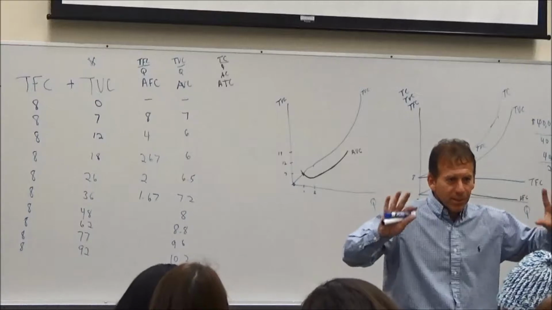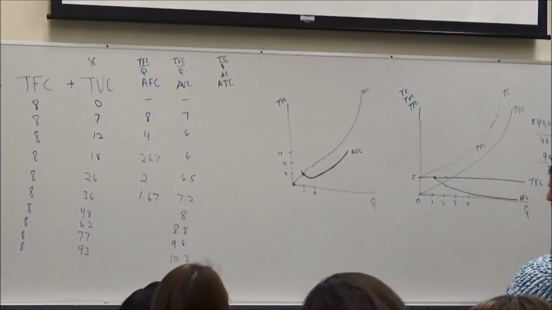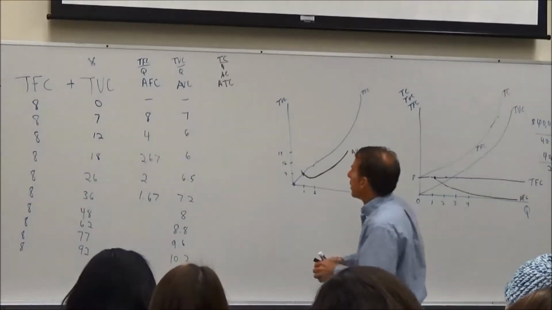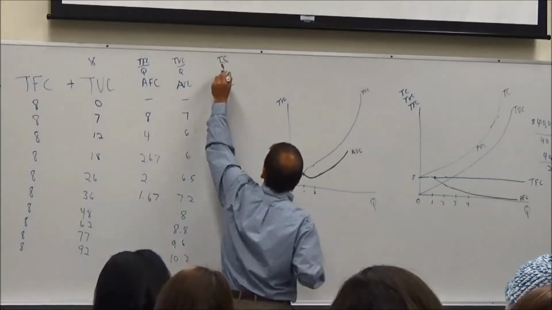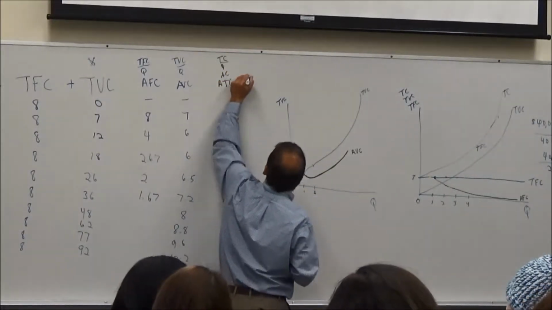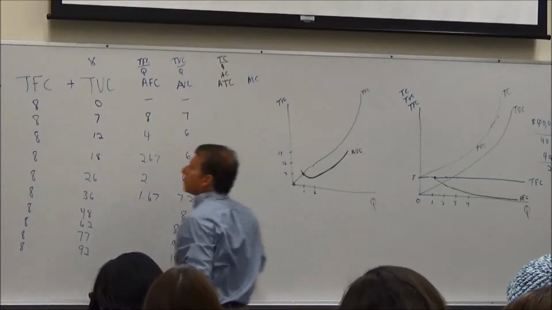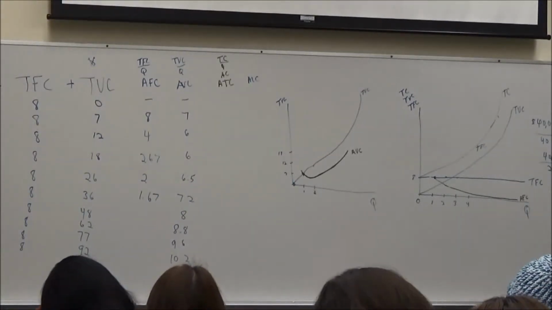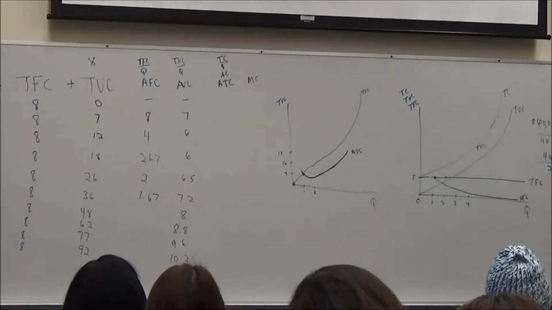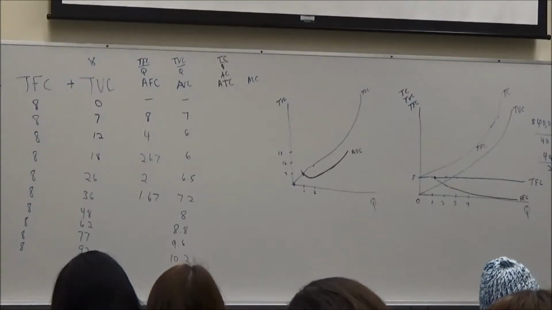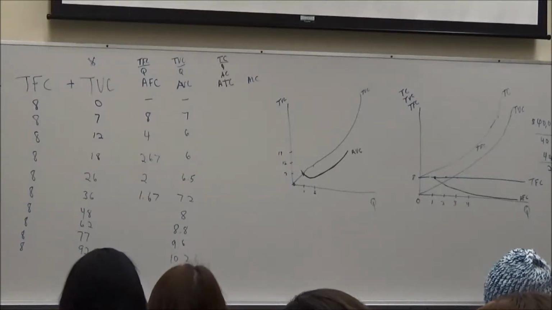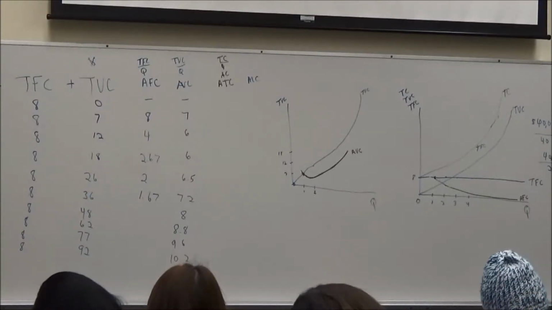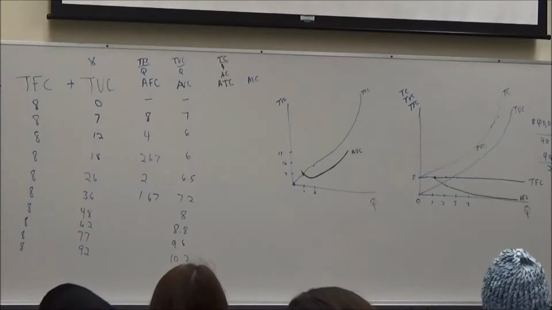Okay, so let me just set the stage here. The ones that we follow the most are this column here and a marginal cost column. So MC is the marginal cost, and it's the cost of producing the next unit.